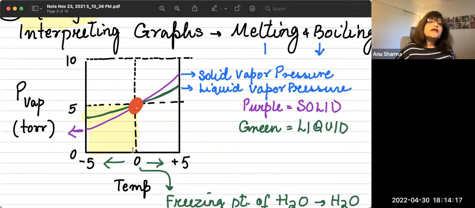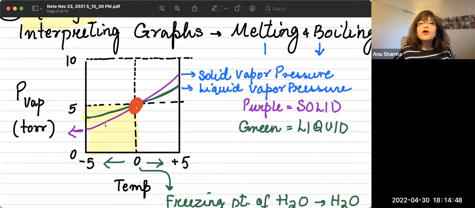So here we see that. Melting is when the liquid is there, freezing is when the solid is there. The solid curve is represented by this purple color, and the green curve is represented by the vapor pressure of the liquid water. So what happens below 0 degrees? We see that the vapor pressure of the solid is lesser than the vapor pressure of the liquid.